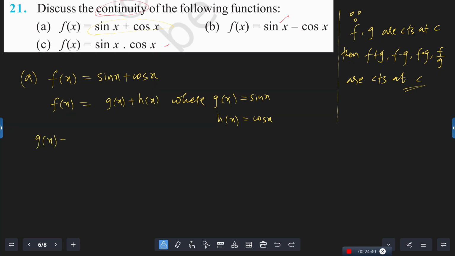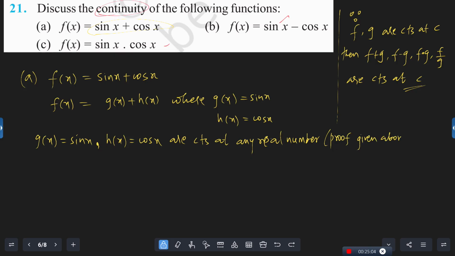g of x is equal to sin x, h of x is equal to cos x are continuous at any real number, in brackets: proof given above. Above means the next 2 pages you have to write before you write question 21. That is what I am giving, proof given above. Right, continuous now.